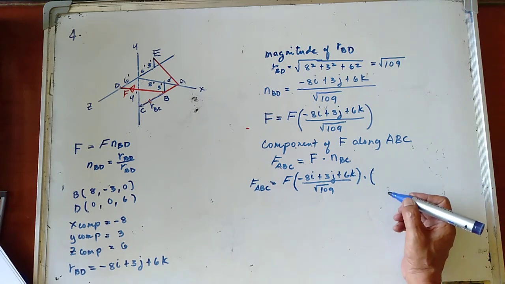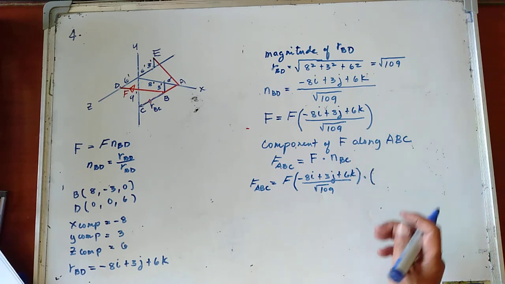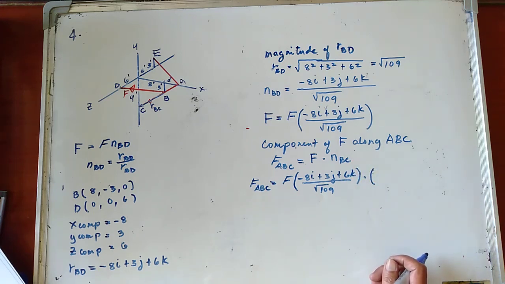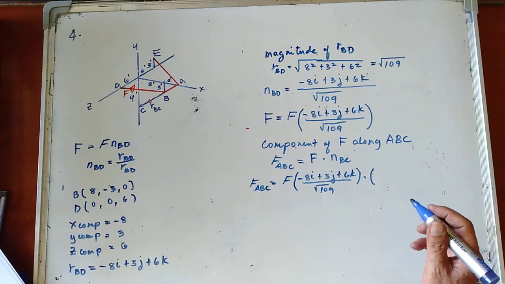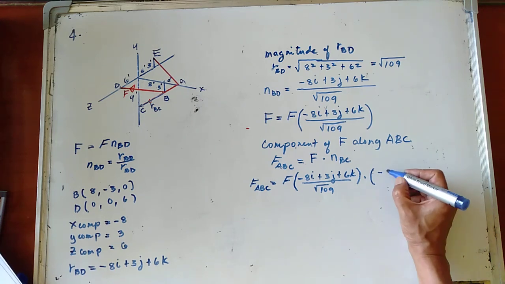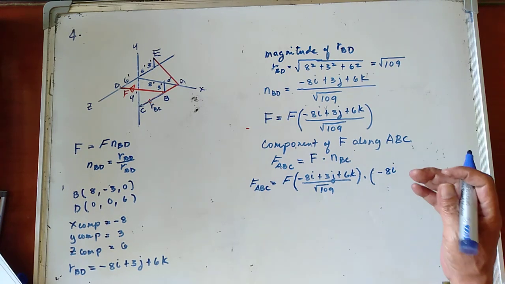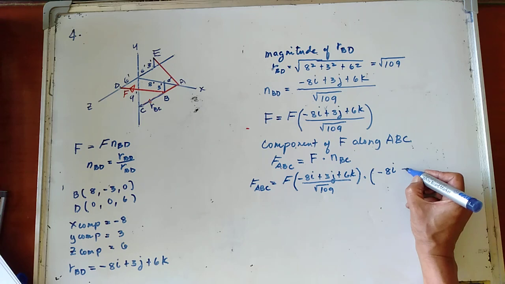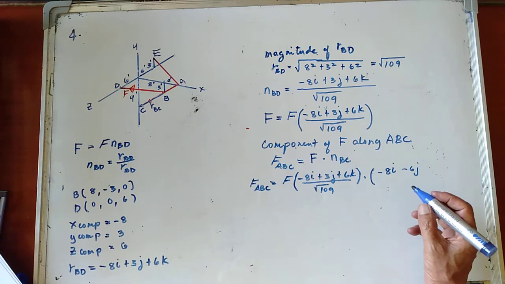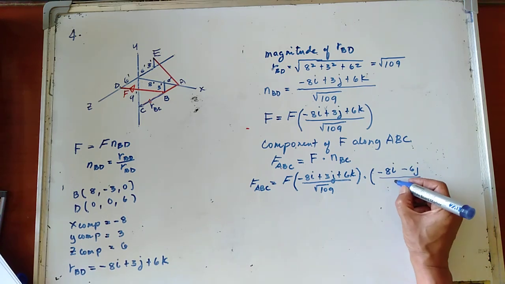And the unit vector BC is equal to minus 8i minus 6j all over 10.